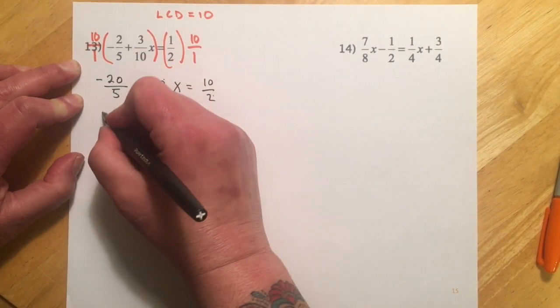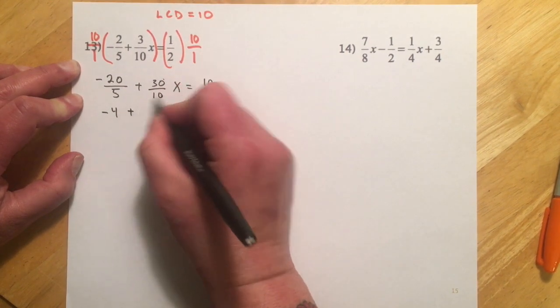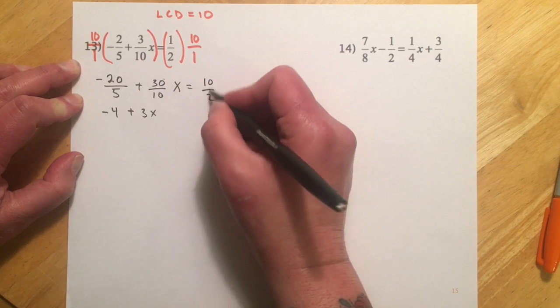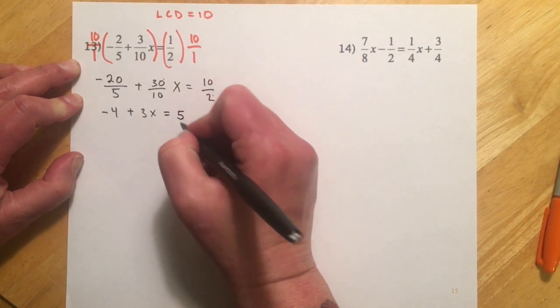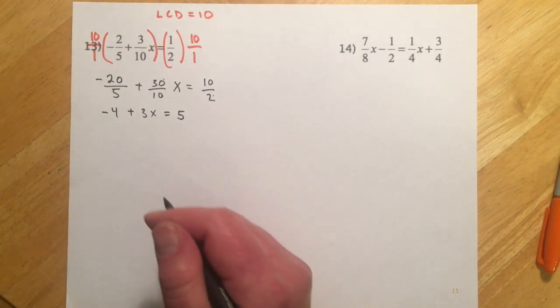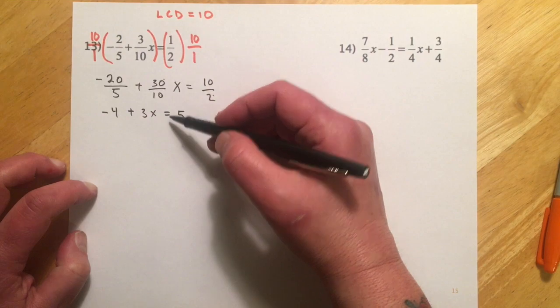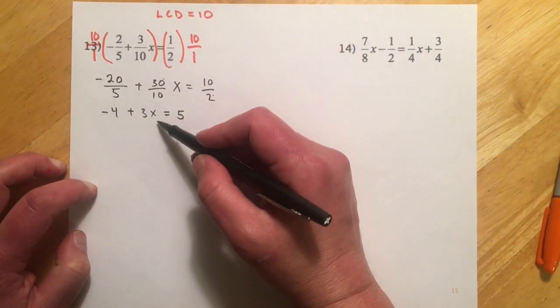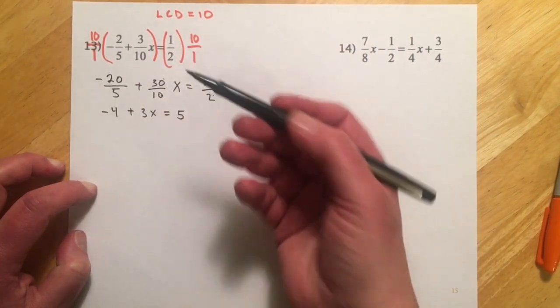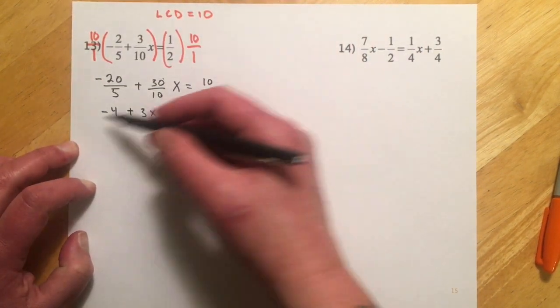So 20 over 5, that's going to give me a 4 right there. 30 over 10, that's going to make a 3x. And then 10 over 2, that's going to make it come out to 5. So then once I've done that, if you look at the original problem and you look at this, this is so much easier to work with than what we had going. And so that's where this step is a little tough, but it gets you to somewhere that's much, much easier.